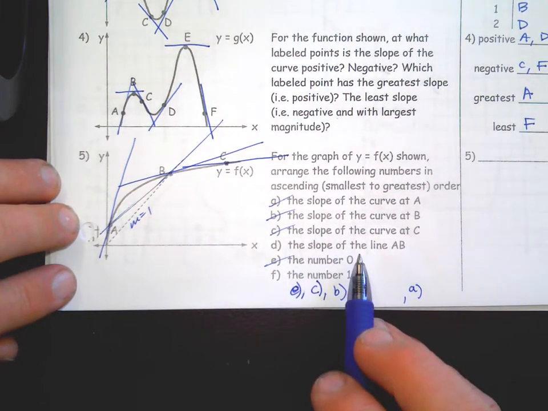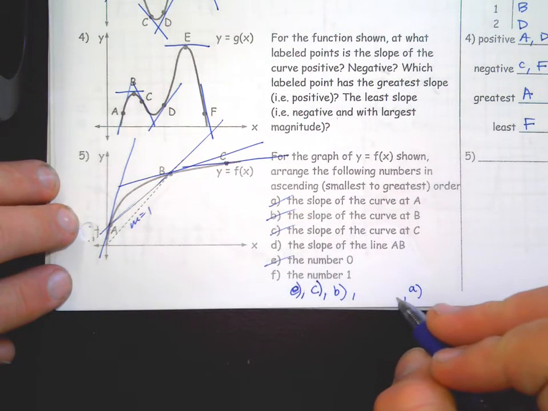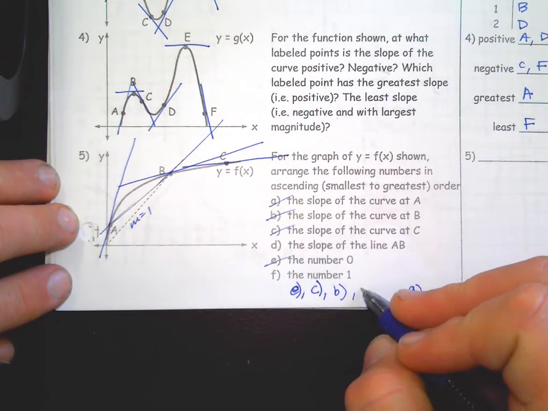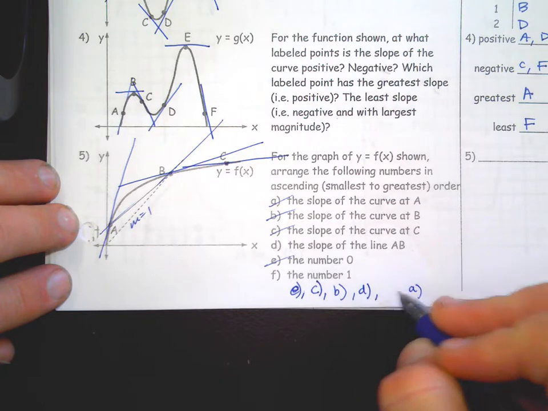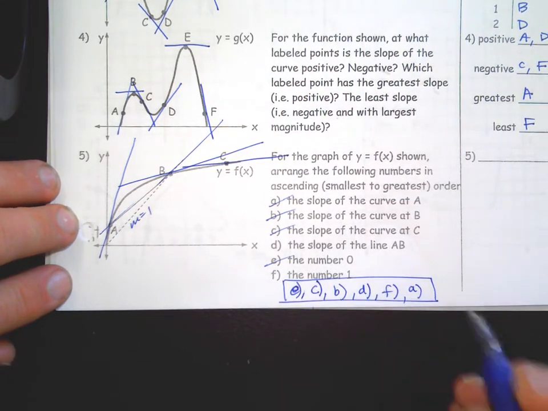So now it's just AB and 1. And I'd say 1 is steeper than AB. So AB is going to be next. So that's D, and then 1 is F. So that would be the correct order, ascending order.